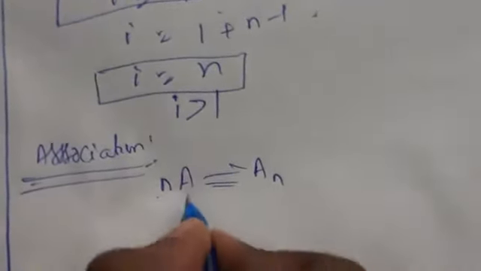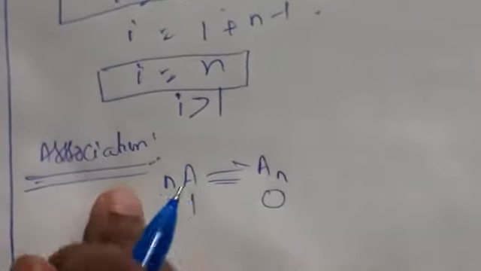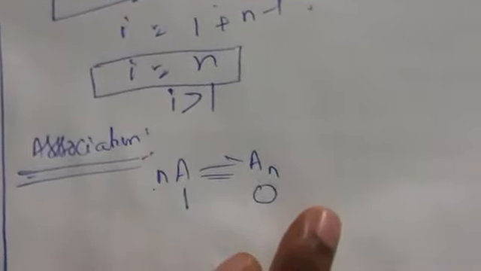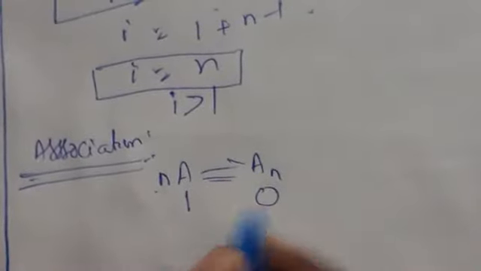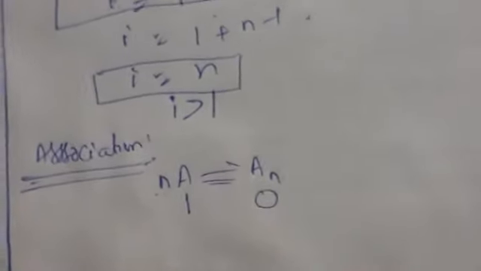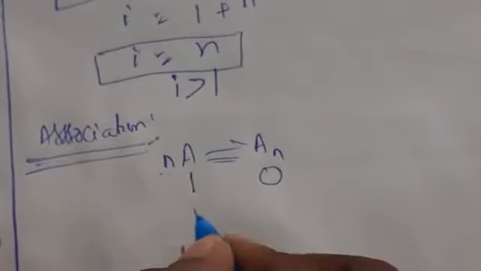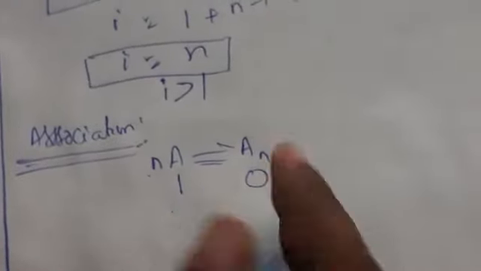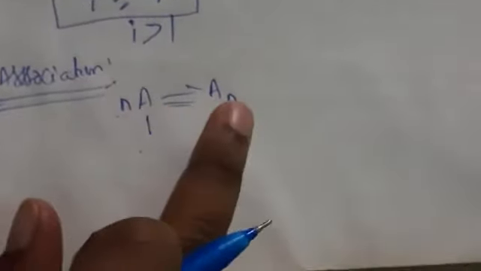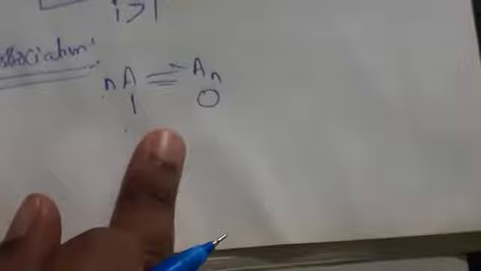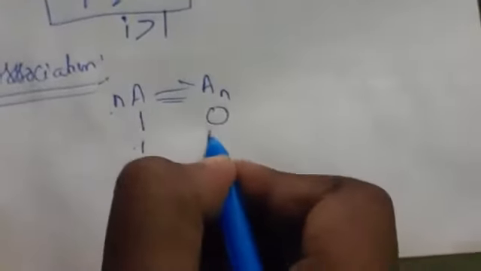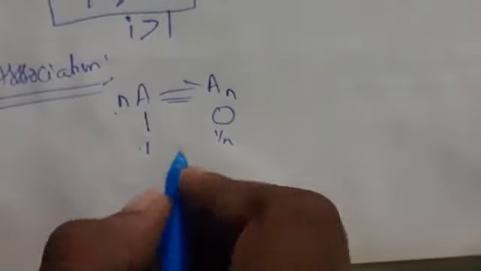So here, before association, we take 1 mole, and after association it is 1 minus alpha. Suppose in the association condition n molecules of A combine to give An, where alpha is the degree of association. If I take n moles, this gives 1 by n.